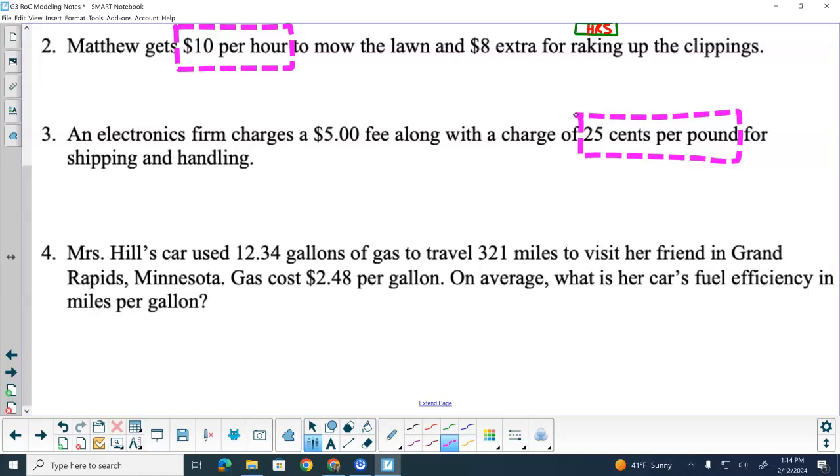On average, what is her car's fuel efficiency in miles per gallon? Too much. So what do you have down? That's the rate of change, because it's a per. So this could be one rate of change. Is there another choice that we could have?